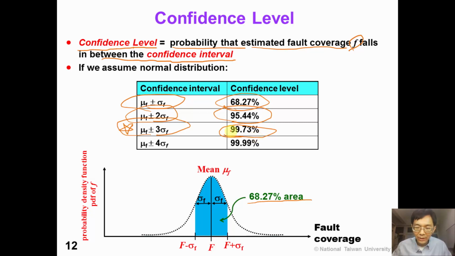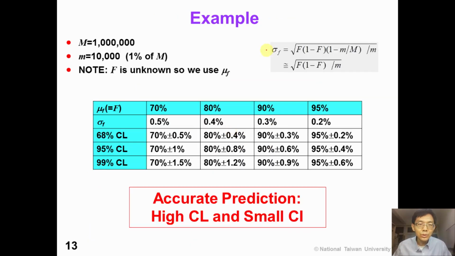So now let's show you an example. Suppose that in our circuit there are 1 million total faults, and we sample only 10,000 of them, which is 1% of big M. Suppose that in our fault simulation, we know that the fault coverage is 70%.